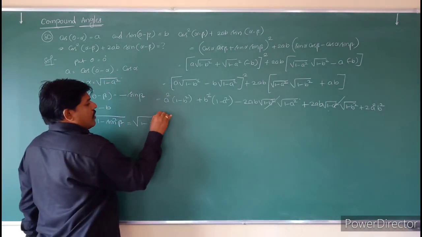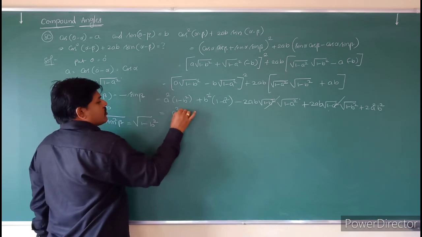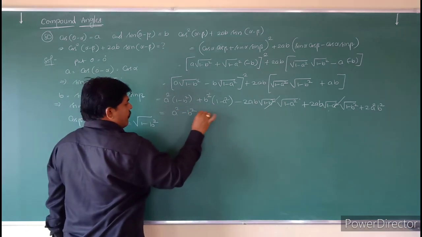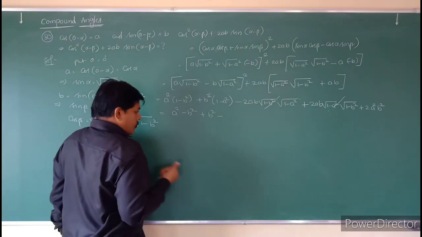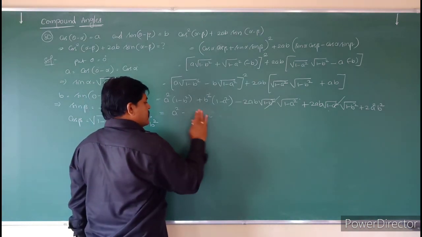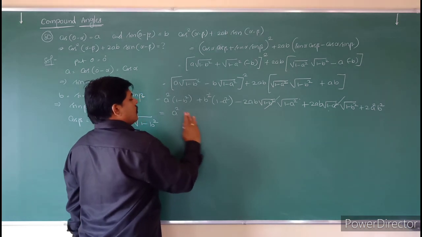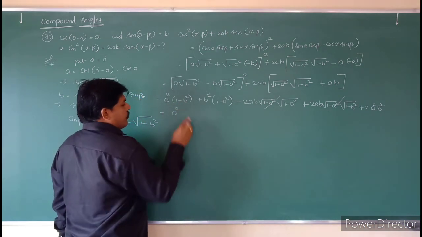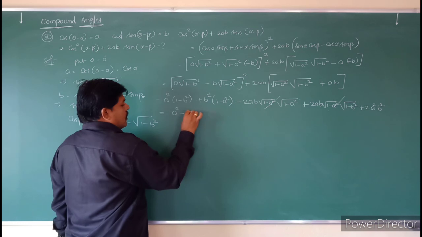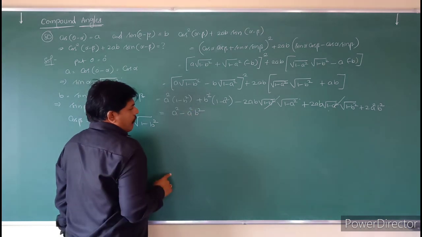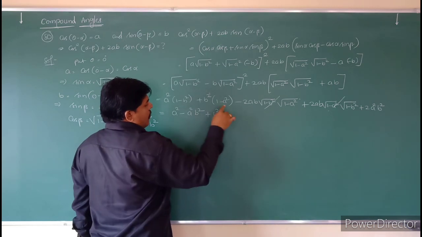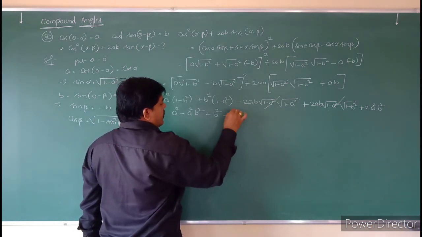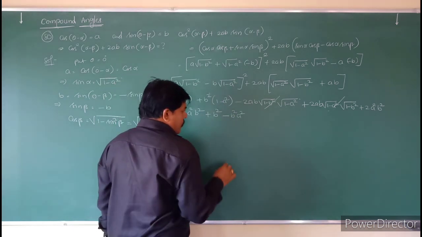And also here I will multiply: a square minus a square b square, plus b square minus b square a square.